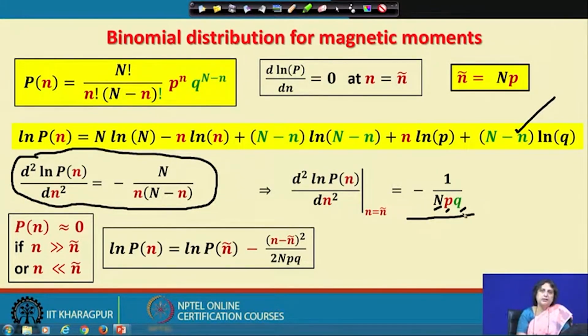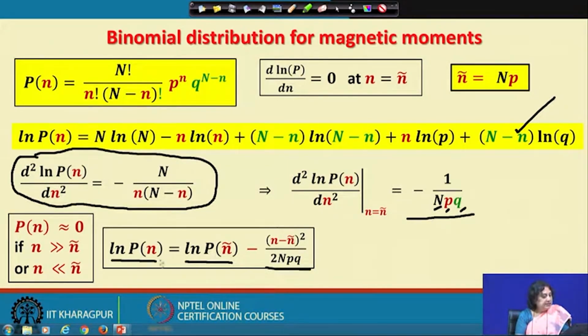But what do I need this second derivative for? I can use the value of the second derivative around the position of the maximum to approximate what ln P n is going to be in the vicinity of n equal to n tilde, and you will very easily be able to show that in ln P n tilde minus, only this term will survive.